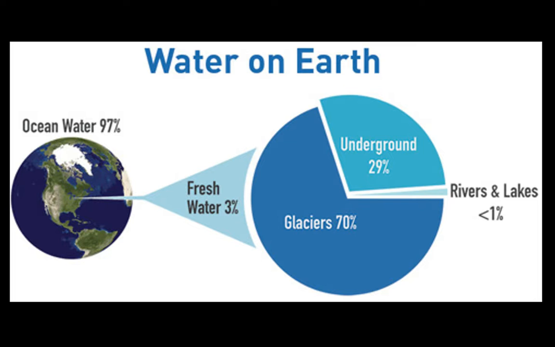Another almost third of it is underground. Sometimes we have access to that underground water, other times we do not. And we see that less than 1% is in rivers and lakes, which are easily accessible to us on Earth's surface.